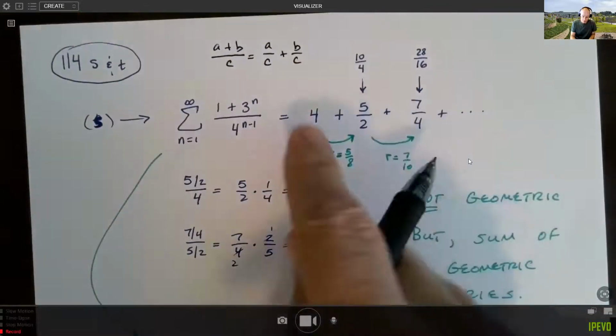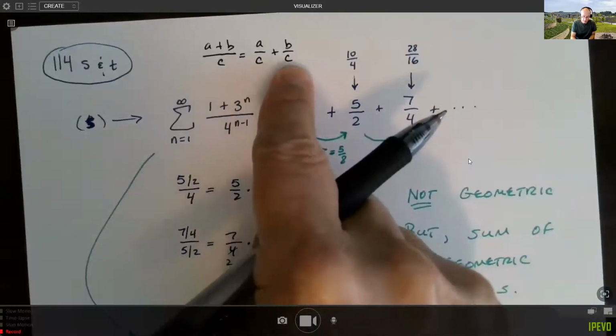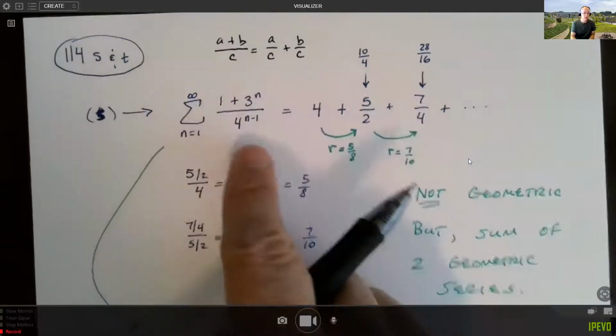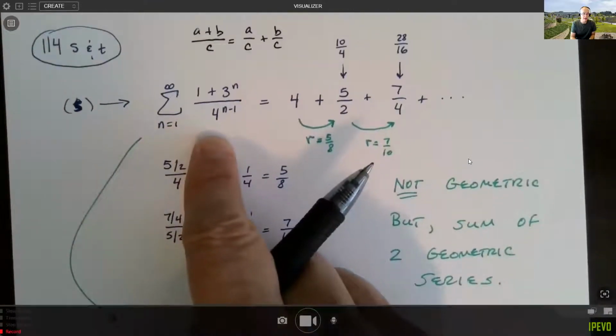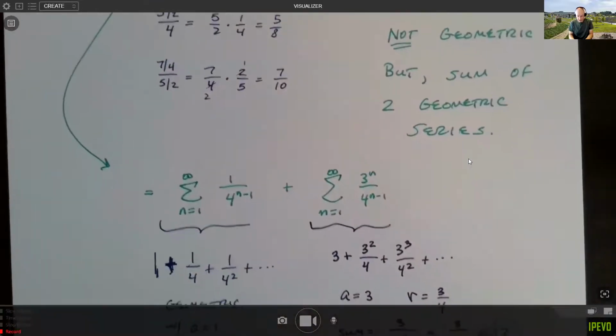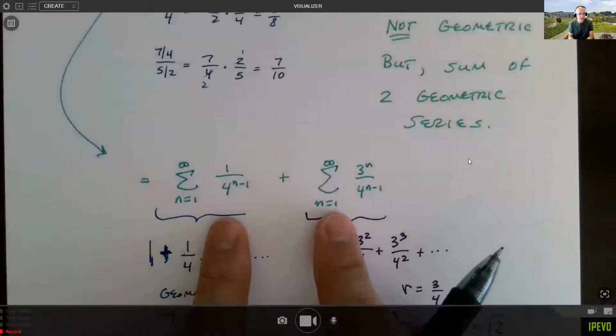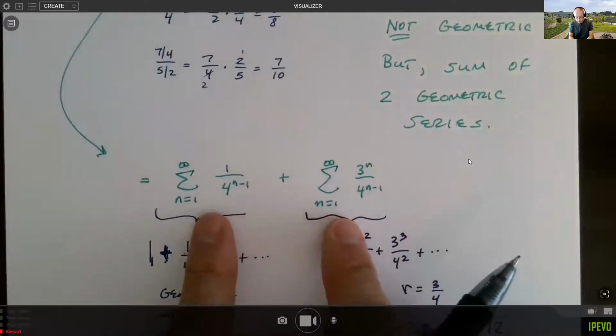Typically, we're adding fractions and combining them as one, but here I'm going to split this up. We've used this technique quite a bit in other areas in this course. So I split it up, but then I'm going to write that as two separate sums, and I can do that provided both of these resulting series are indeed convergent, which they are.